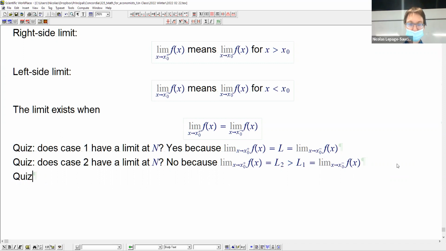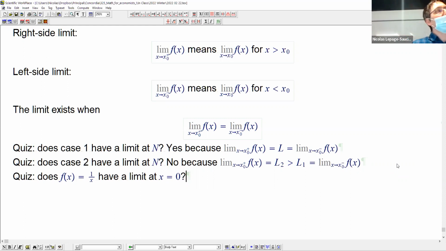Quiz. Does f of x equals 1 over x have a limit at x equals 0? Yes, no? No?